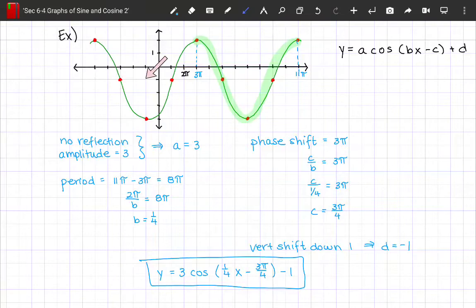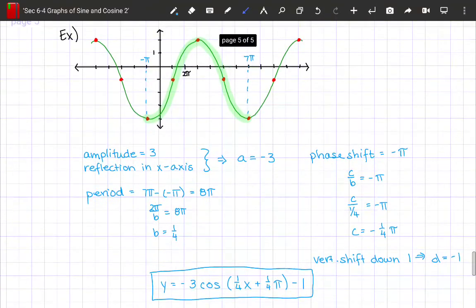And then the last thing, we can see that this middle line got shifted down 1 unit. That means d is -1. Put it all together. There's A, B, C, D. There's my equation. So that's one way.